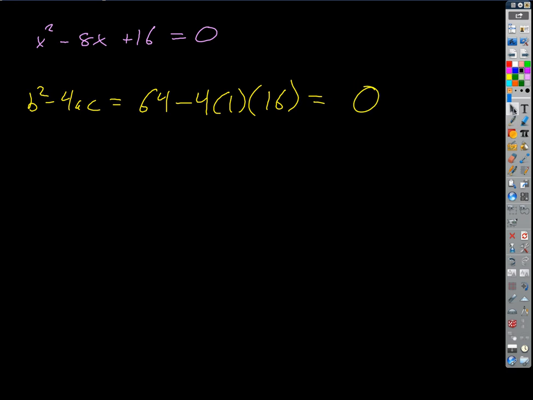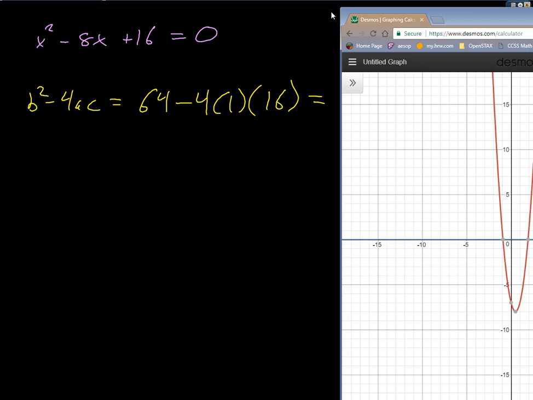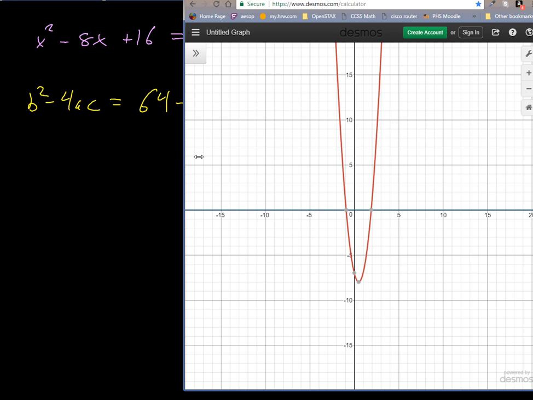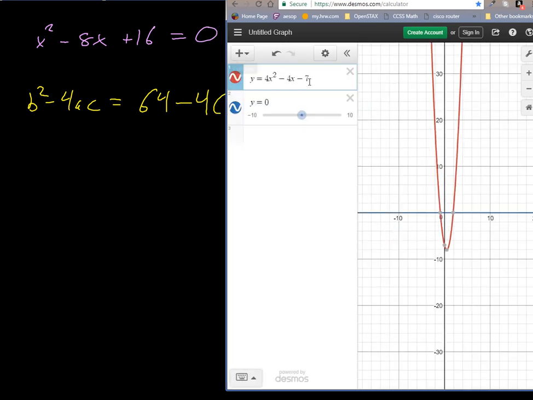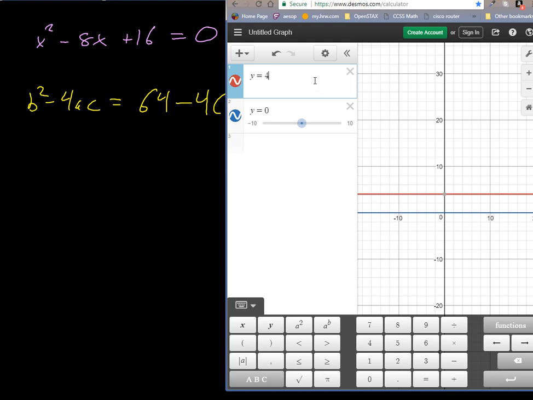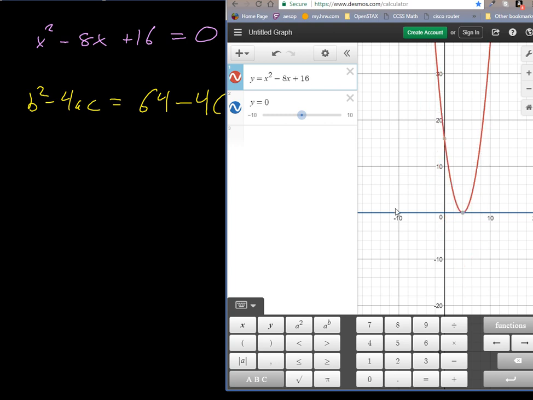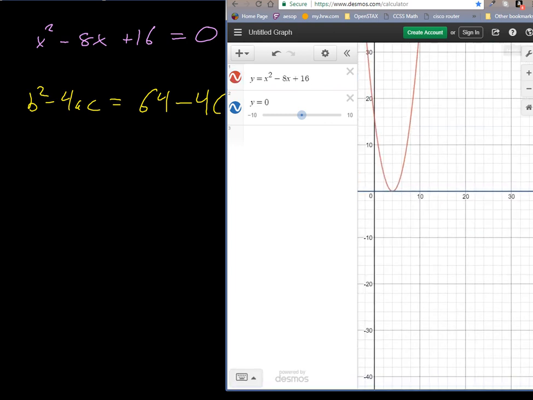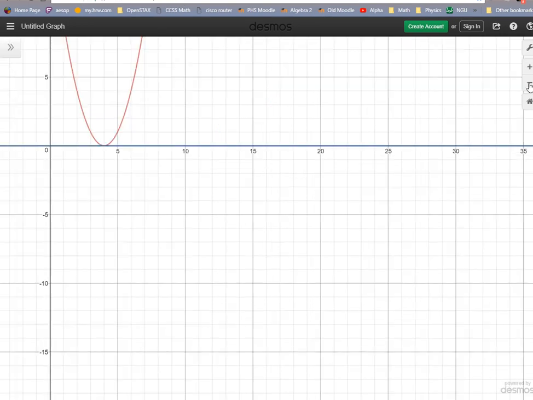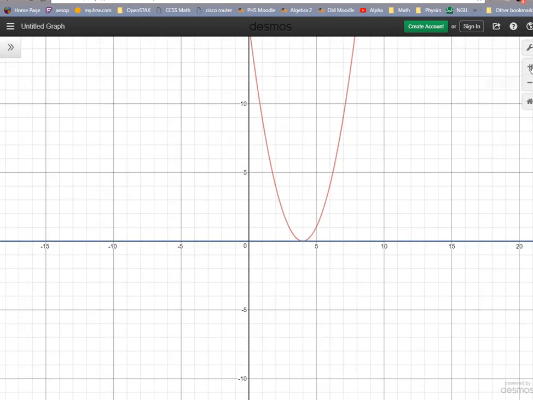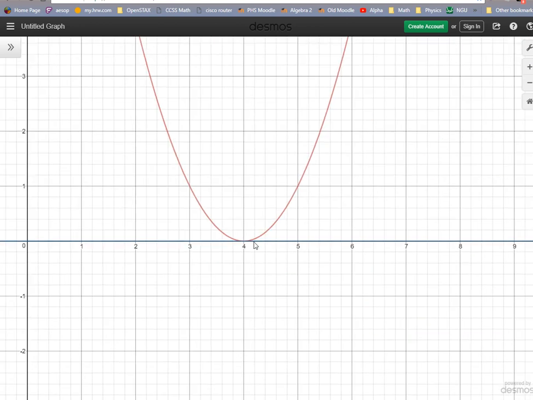So let's just check our logic and see if this works. Okay, what do you know? We've only got one x-intercept, and it's at the vertex, and it's got a value of 4. Okay, does that make sense?